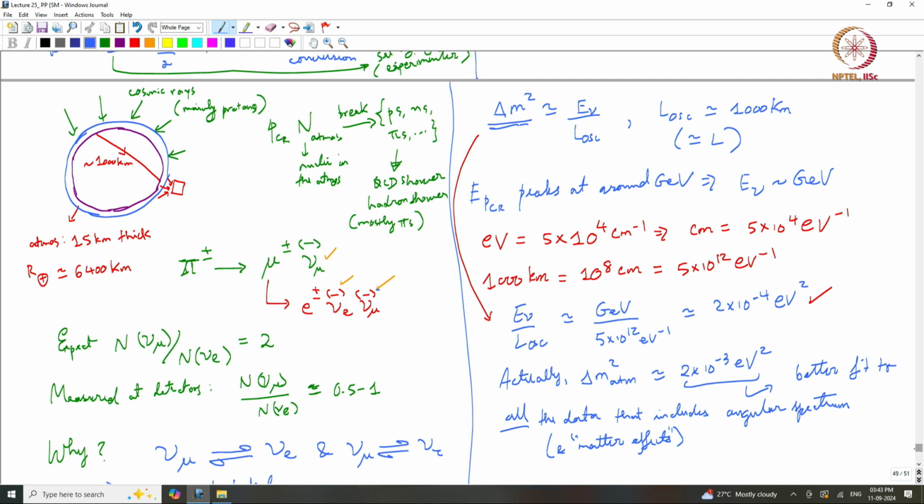Now the muon or the anti-muon further undergoes weak decay to give an electron, nu E and nu mu, and you can fix the fermion numbers correctly.